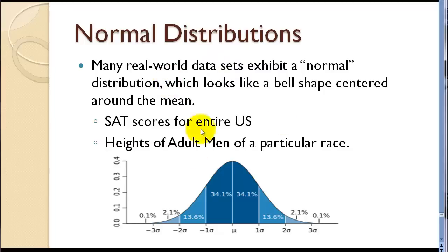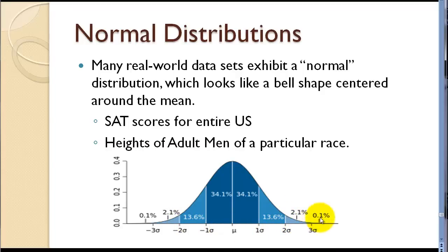And no matter what the data is, if it's normally distributed, these percentages in terms of the amount of data that's in each interval is always the same. So you can see here about 68% of the data is always within 1 standard deviation, either below by 1 or above by 1. If we go to 2 standard deviations, that's 95% of the data.